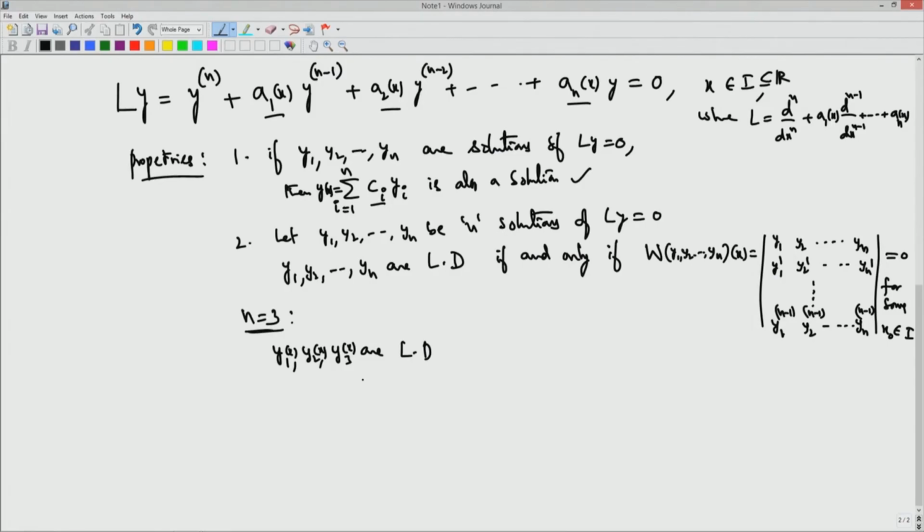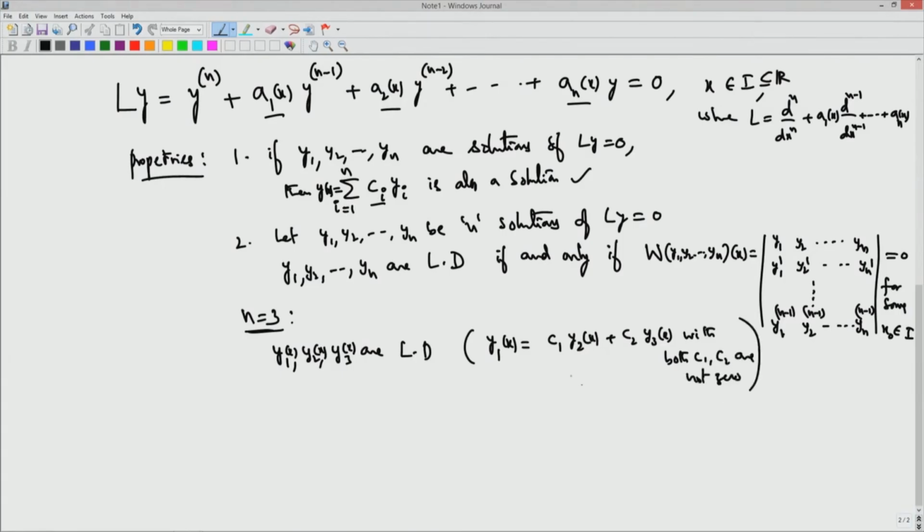If you have three functions y1 of x, y2 of x and y3 of x, these are linearly dependent if any one of them you can write in terms of the others with some non-zero coefficients, okay. So for, let us say y1, I will be able to write some c1 y2 of x plus c2 y3 of x, with c1 and c2 not both 0.